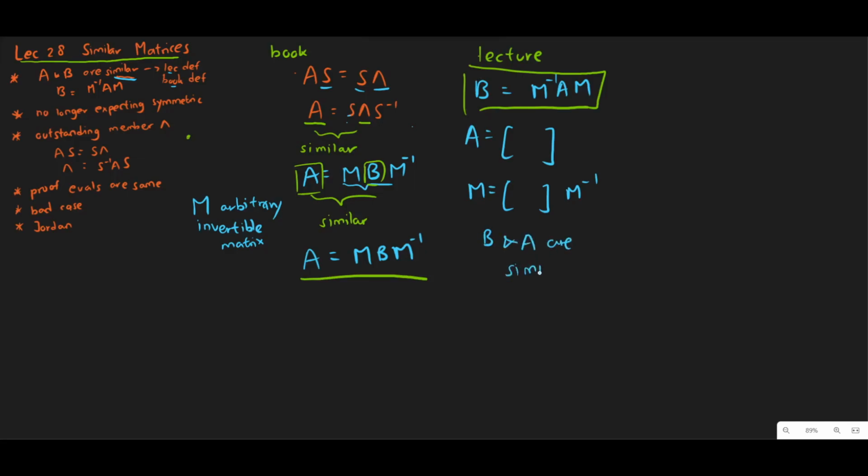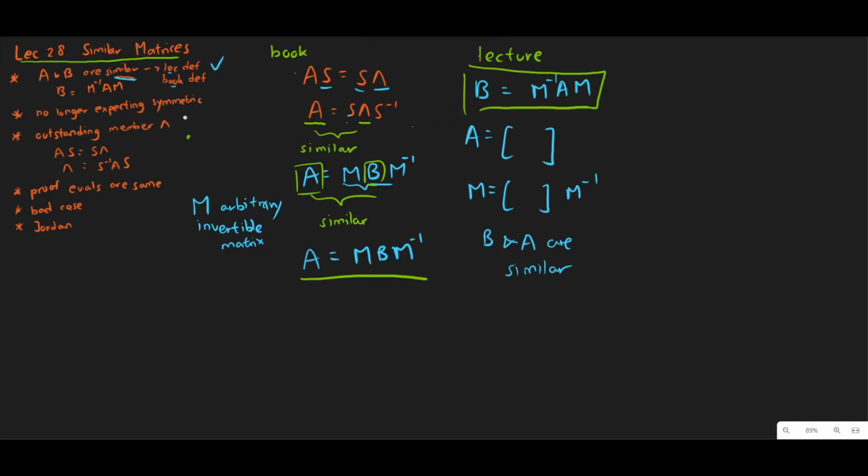Cool, that's my first point. Another thing is that we are no longer expecting symmetric matrices. Just a side note, we don't need A or B to be symmetric any longer. It can be any matrix in this discussion.